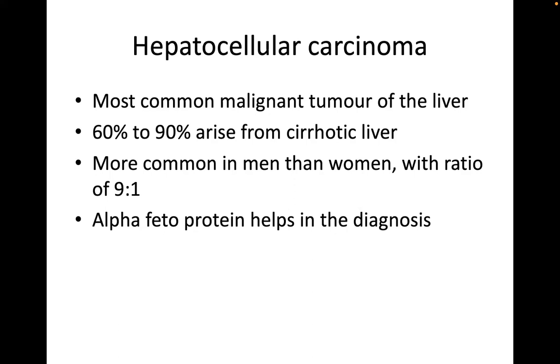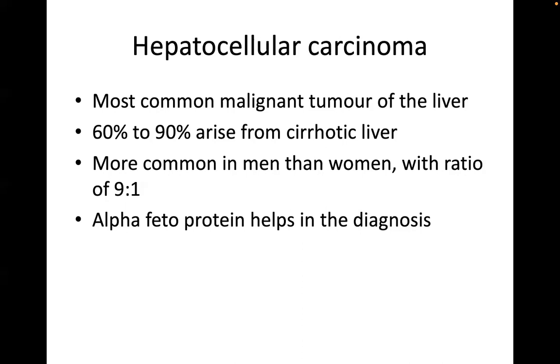In the background of the cirrhotic liver, most men get cirrhosis that is alcohol related, but there are some other causes. Generally, men have more cases of liver cirrhosis than women. That's why it's more common in them.